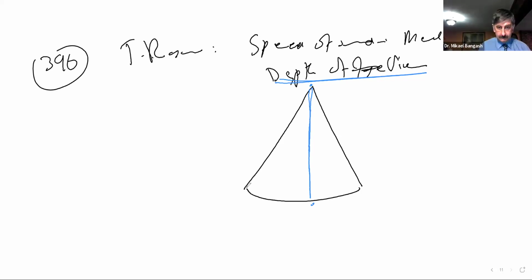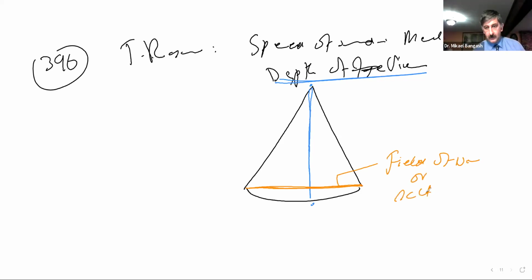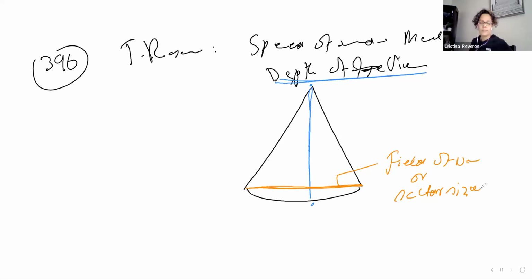Whereas this is what we call the field of view, or what you could also call the sector size. Did you guys get that? Yes. Good.